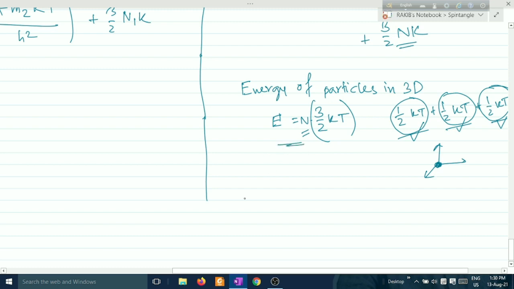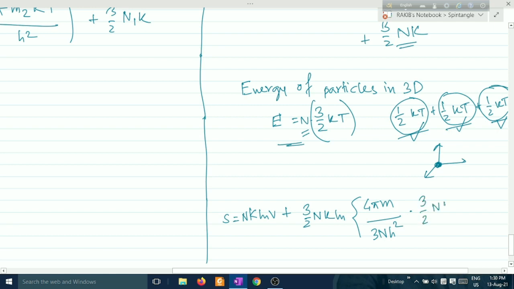Therefore, putting this into the above formula, our entropy becomes S equals nk ln V plus 3 by 2 nk ln of 4 pi m by 3n h square times 3 by 2 nk.